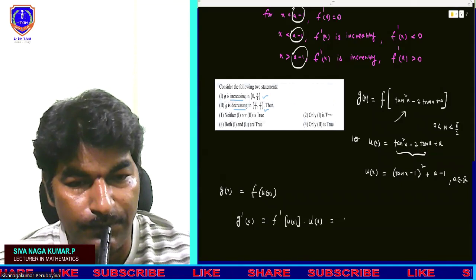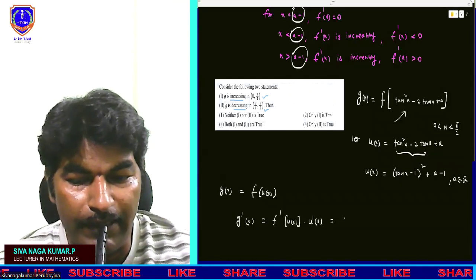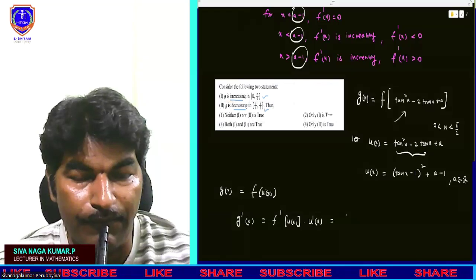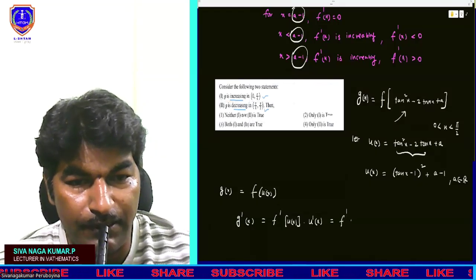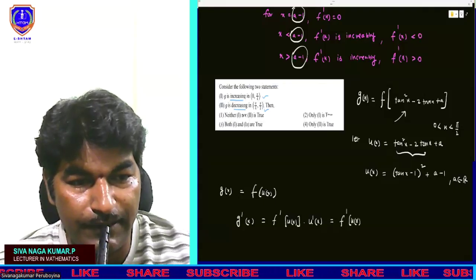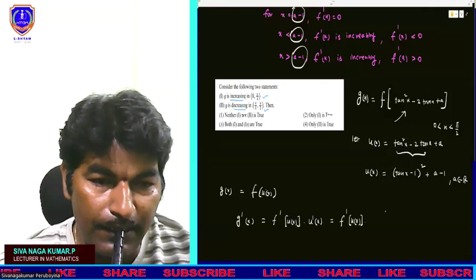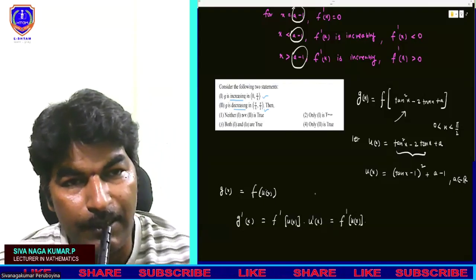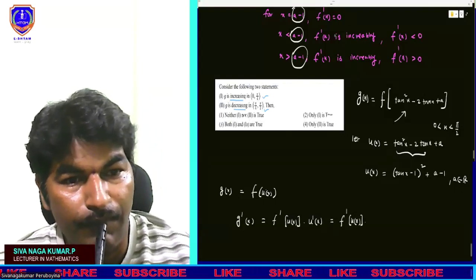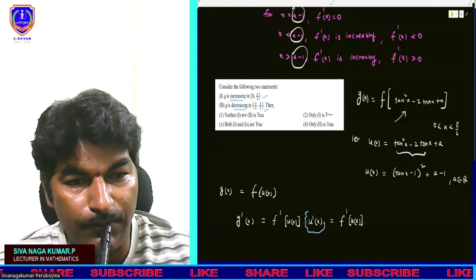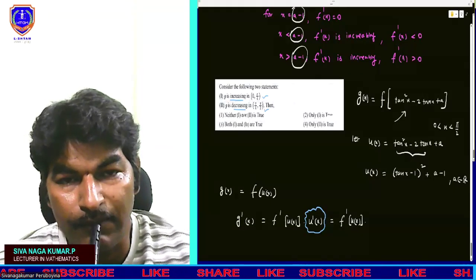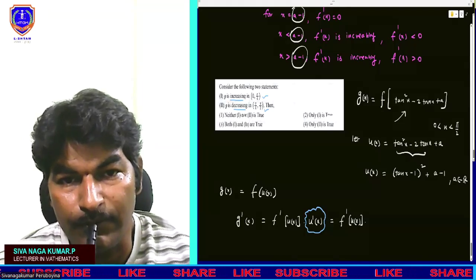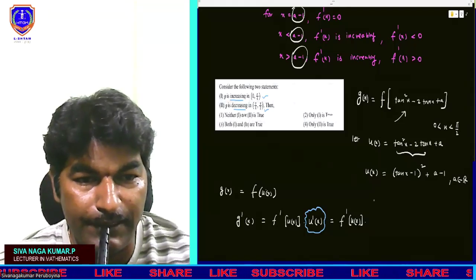Clearly f dash is increasing everywhere. We already confirmed that fact. So f dash u of x stays the same. Now the increasing and decreasing nature completely depends upon the value of u dash of x in the two intervals 0 to pi by 2 and pi by 2 to pi by 4. Let us examine that.